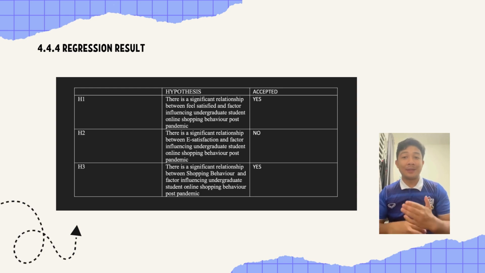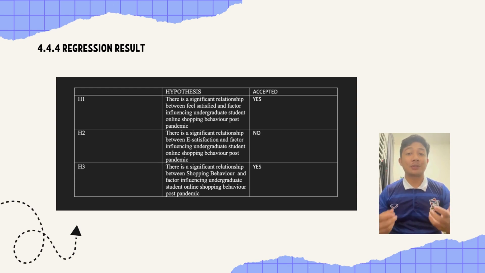For hypothesis 2, there is a significant relationship between satisfaction and factors influencing undergraduate student online shopping behavior post-pandemic. The accepted is no. For hypothesis 3, the accepted is also yes.